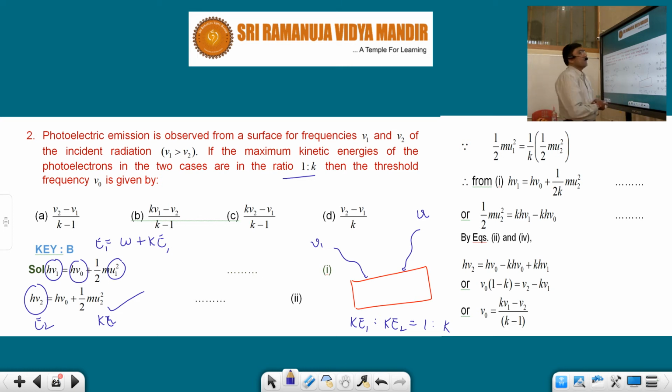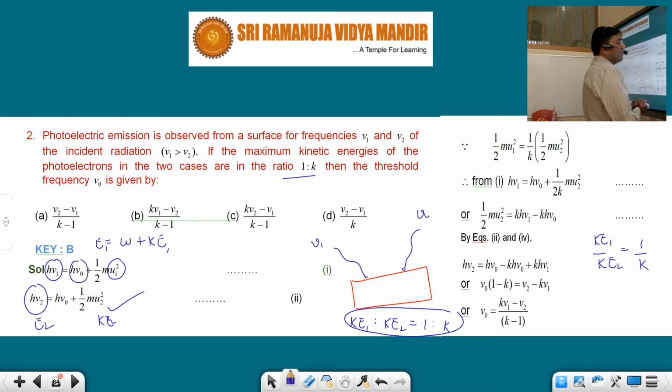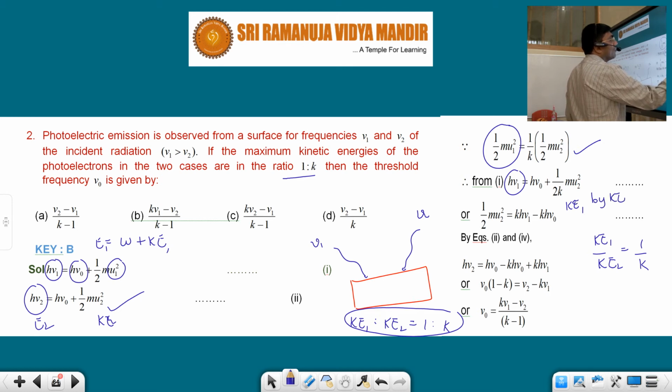Here they have given KE1 by KE2 equal to 1 by K. The ratio values are given, and naturally you can convert using K equal to half mv square, and you get a relation between the two. Now substitute in the first equation, replacing KE1 by KE2 with the value 1 by K.